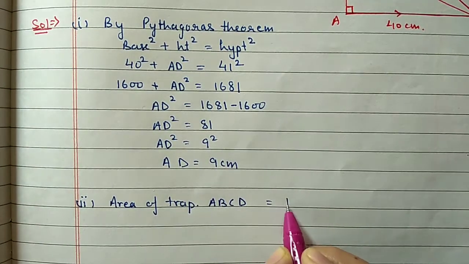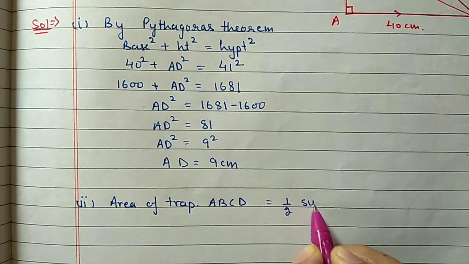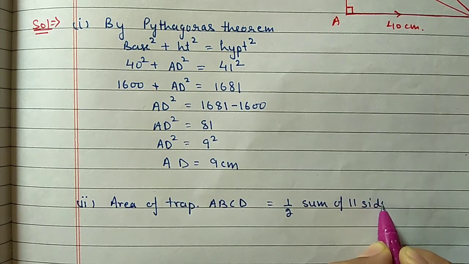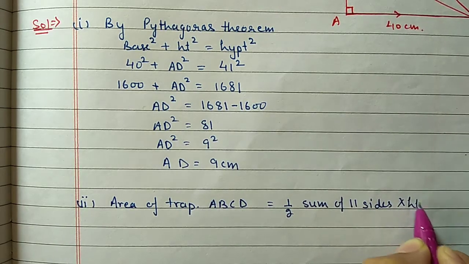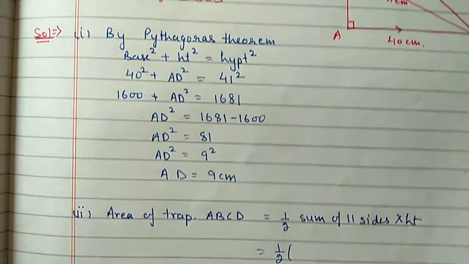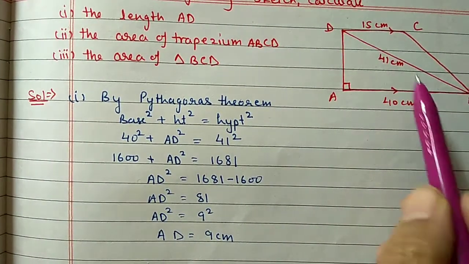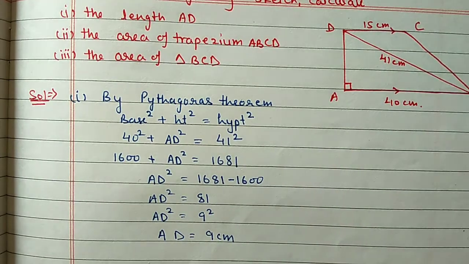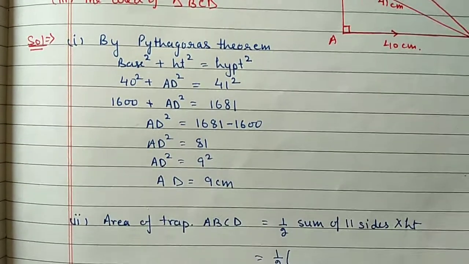Trapezium area formula is half sum of parallel sides into height. So parallel sides are here 40 and 15. These two are parallel sides. So the arrow is there. This arrow means these two are parallel. So 40 and 15 are the parallel sides.